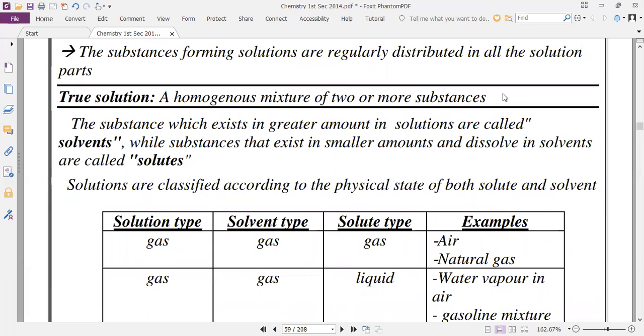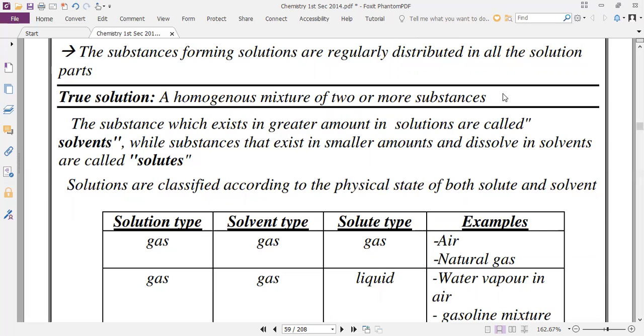I'll give you an example. If you have a mixture such as salty water, it consists of salt and water, right? Which substance has the large amount? The water. Excellent. So it's called solvent. And which substance has the small amount?